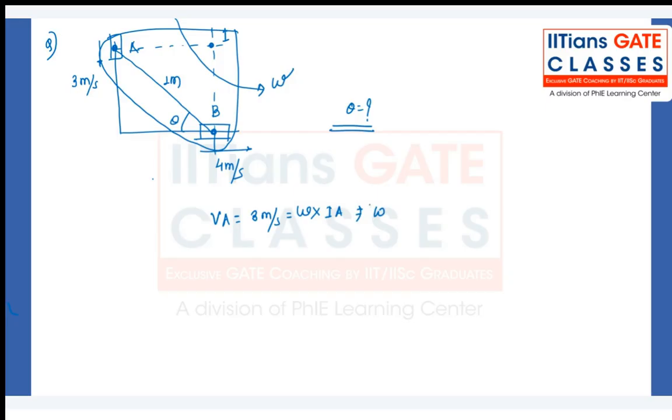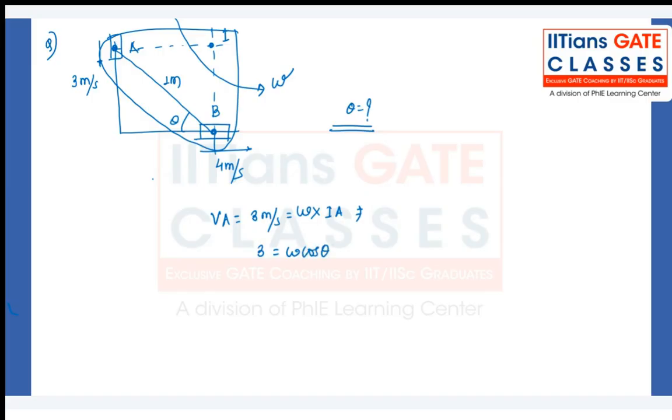Let me check if that data is given. I think no, they are not given. So you can say 3 is equal to omega times cos of theta, because cos of theta is base divided by hypotenuse.